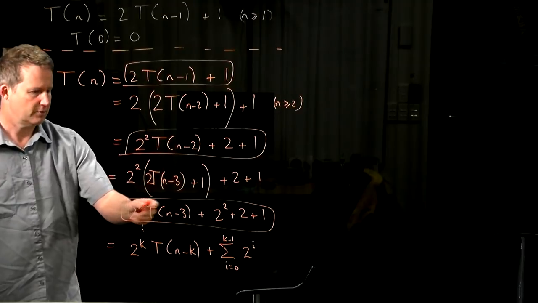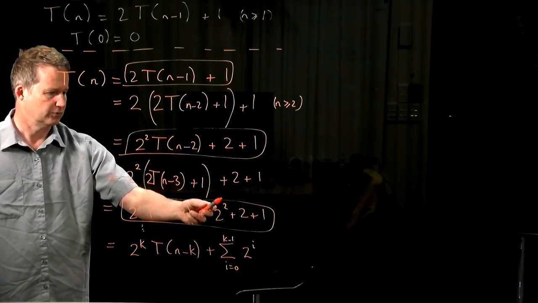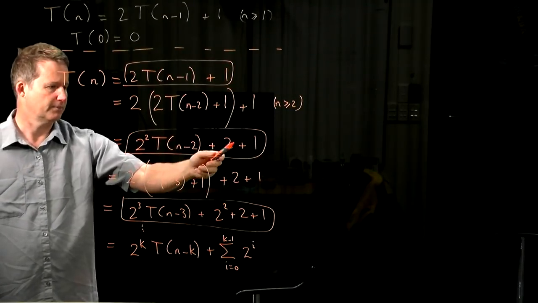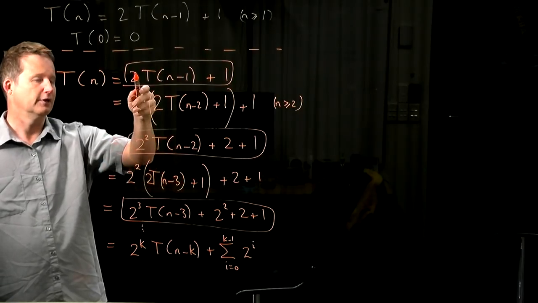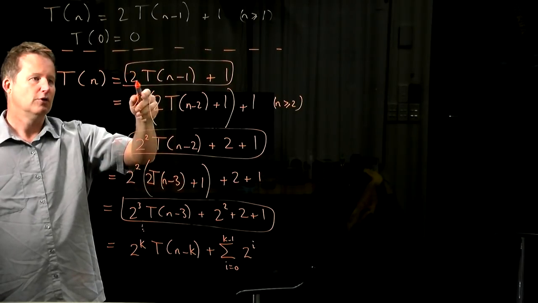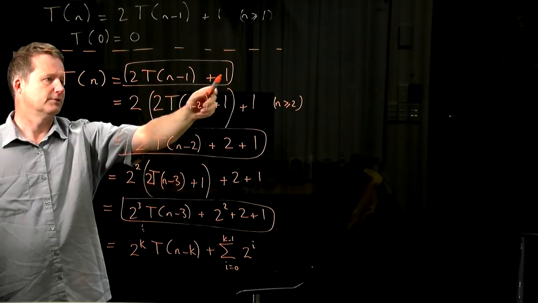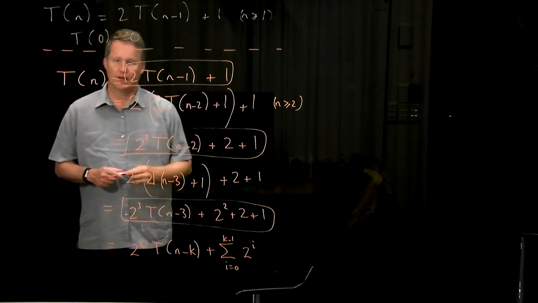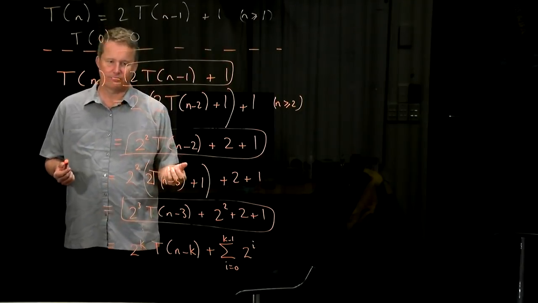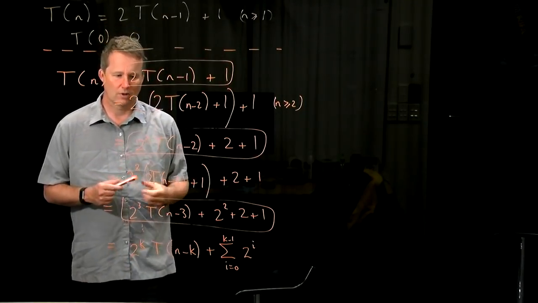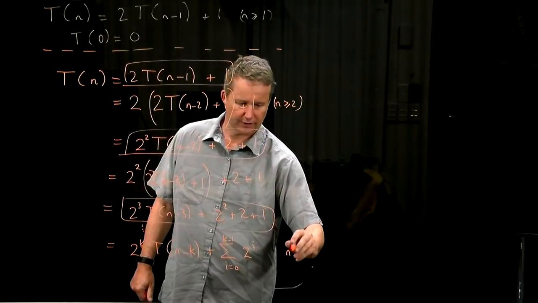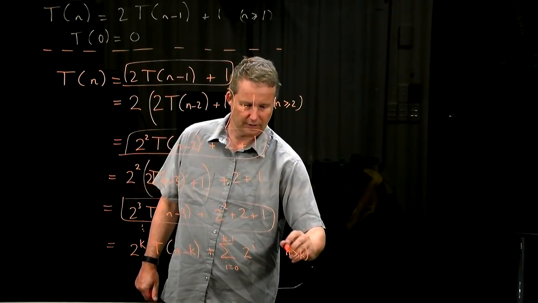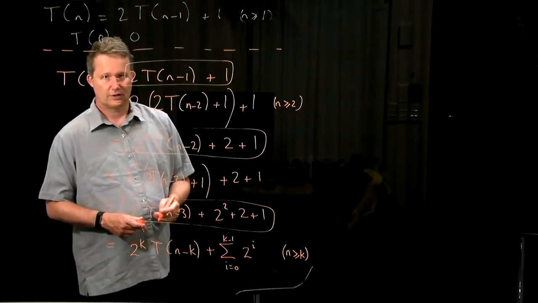Here k was 3, we summed up to 2 squared. Here k was 2, we summed up to 2 to the 1. Here k was 1, we summed up to 2 to the 0. So that's what we get, and then it's just a matter of evaluating that. That's true if n is greater than or equal to k, say, for every k.